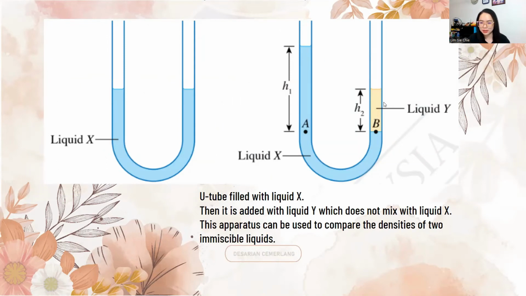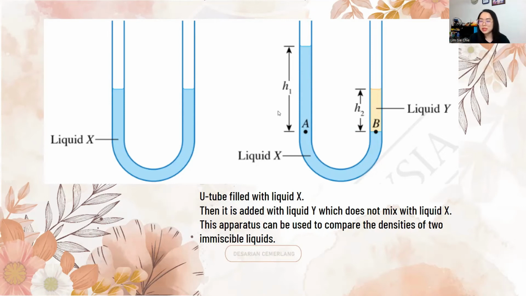These two liquids must not mix up, so you see the liquids are separated. That means liquid Y and liquid X have different densities. So this apparatus can be used to compare the densities of two immiscible liquids.